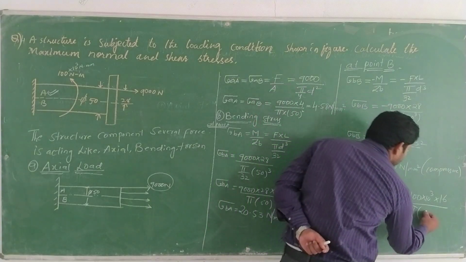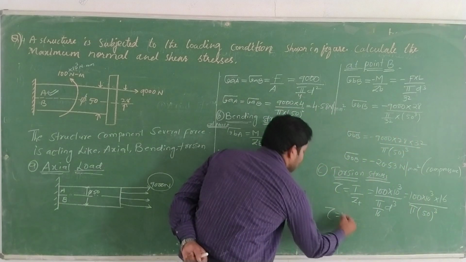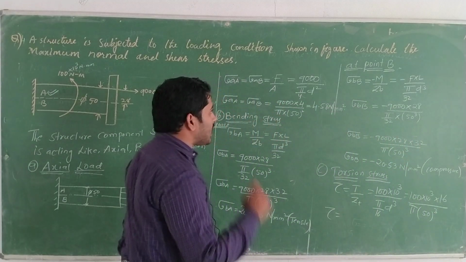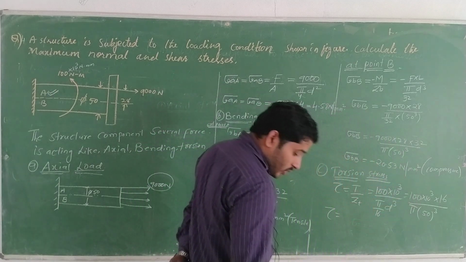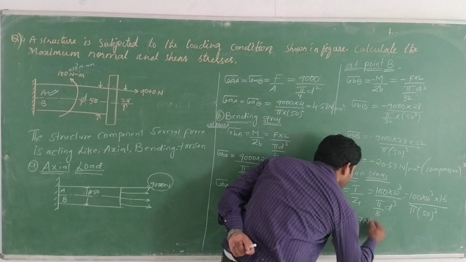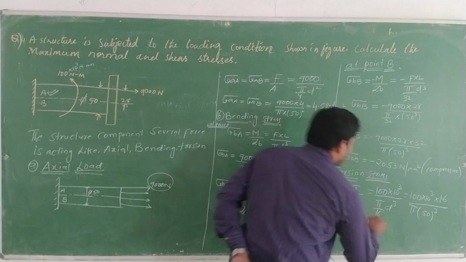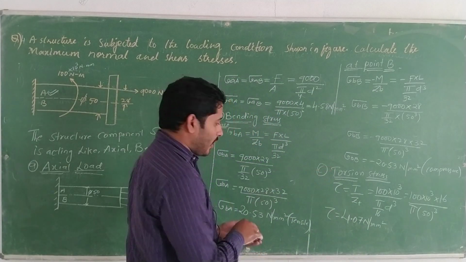The diameter is given as 50 whole cube. Then if you calculate by the calculator, I am getting the answer 4.07 Newton per mm square. Let us see how to draw this torsional stress diagram.